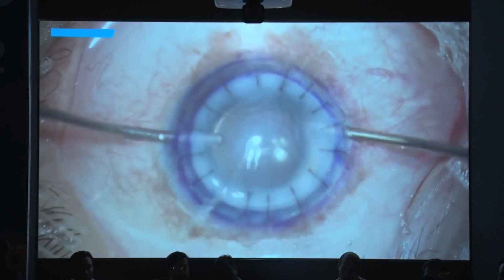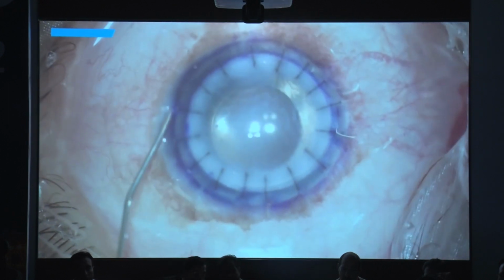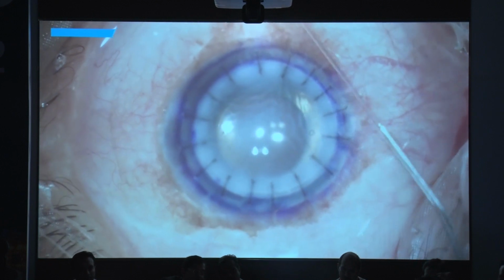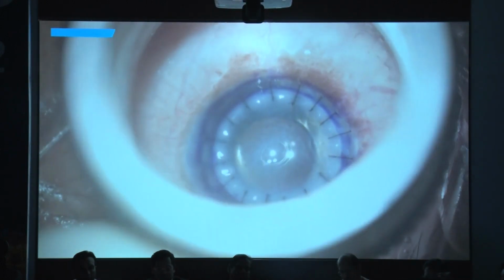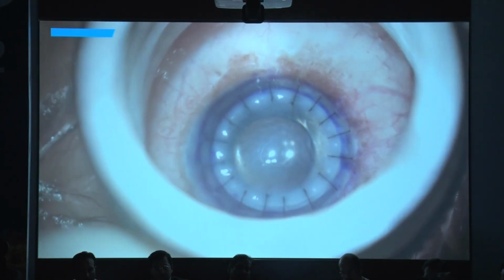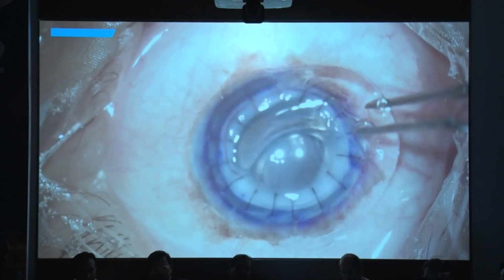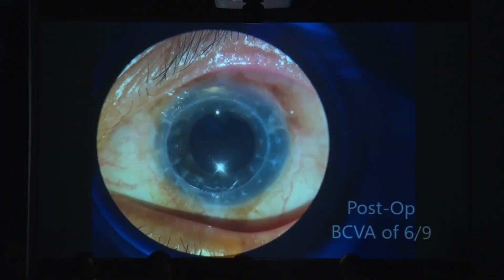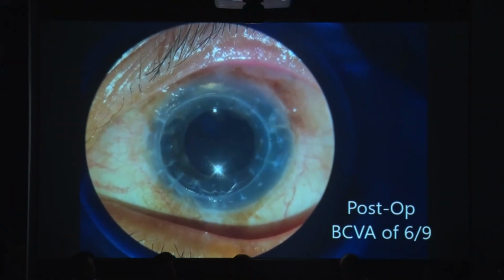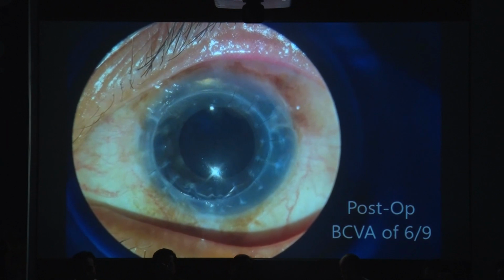OVD is washed and AC is reformed. BCL is applied. 2 years post-operatively, he maintained a vision of 6/9.